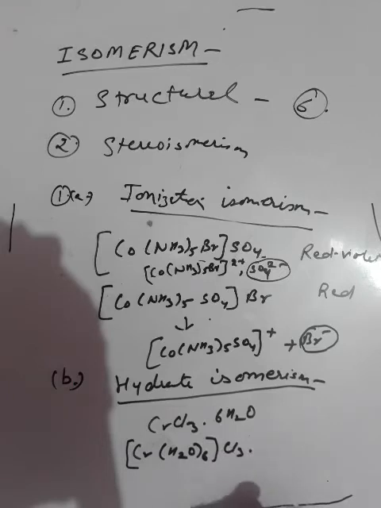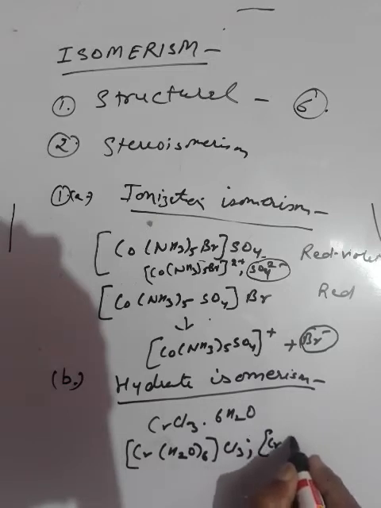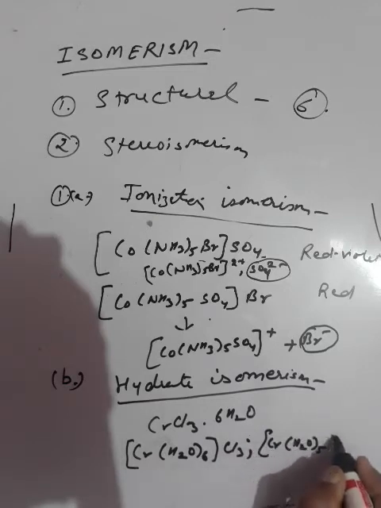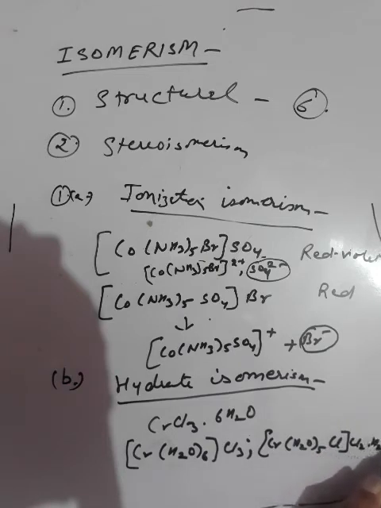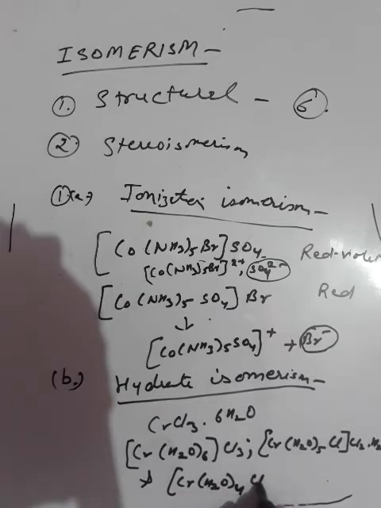The next isomer is [Cr(H2O)5Cl]Cl2·H2O, and another is [Cr(H2O)4Cl2]Cl·2H2O.